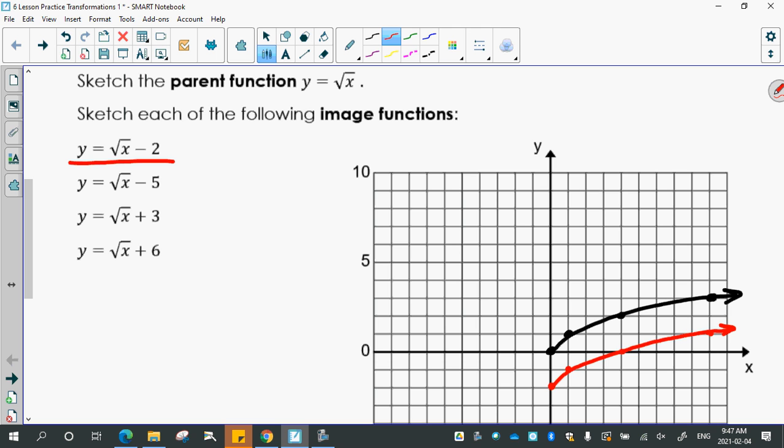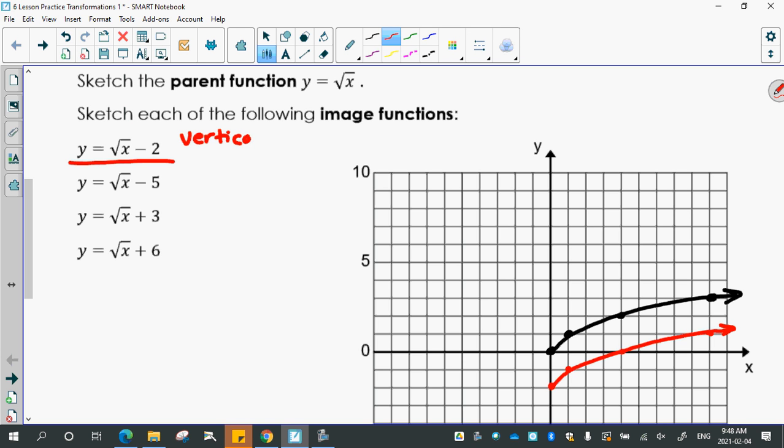Okay, so they're congruent. If I cut the red one out, I could put it on top of the black one and they would fit exactly on top of each other. Does everyone see that? Doesn't affect the shape at all. It just affects where it starts. And compared to the original, it starts 2 squares lower. So we call that a vertical shift because it shifted vertically up and down.